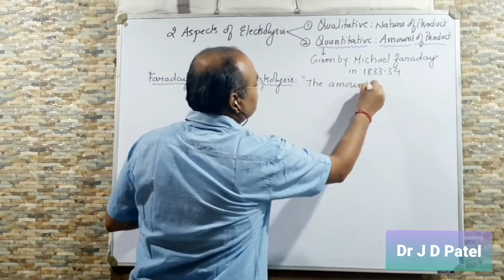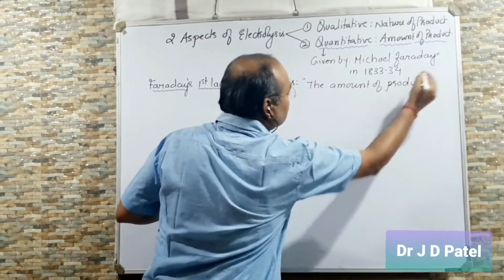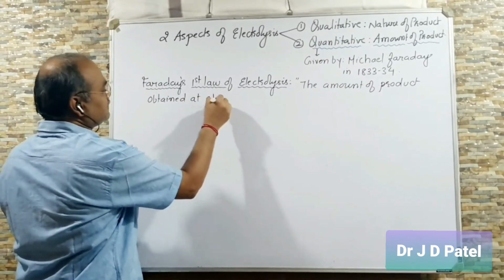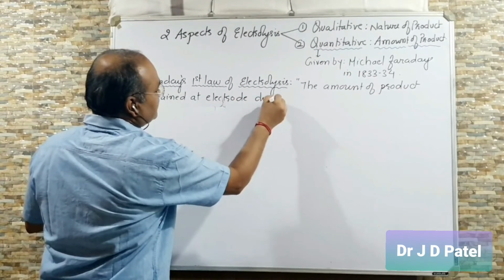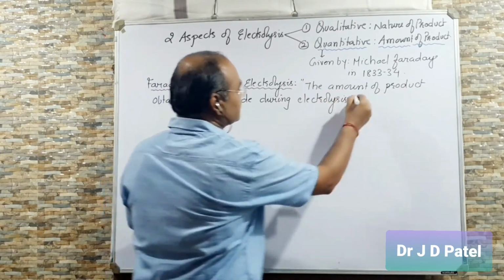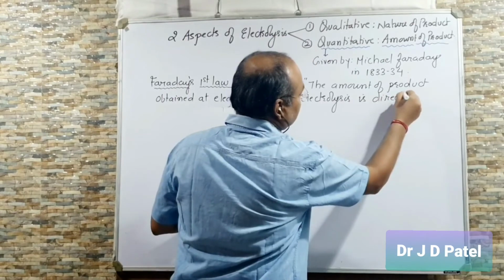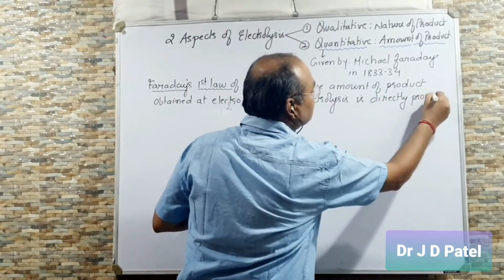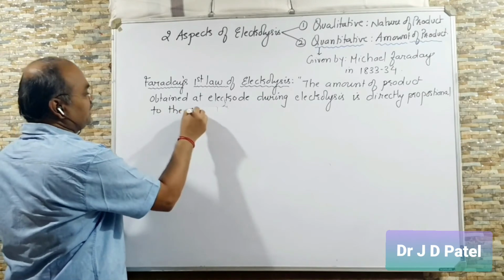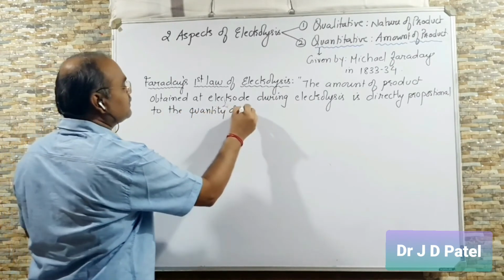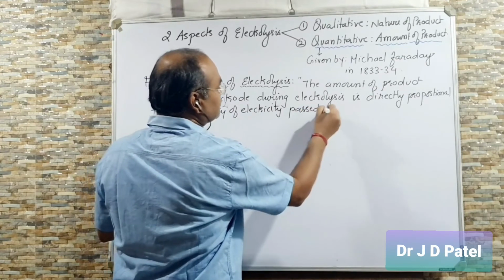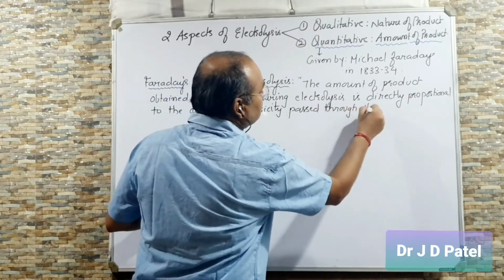The amount of product obtained at electrode during electrolysis is directly proportional to the quantity of electricity passed through the electrolytic cell.